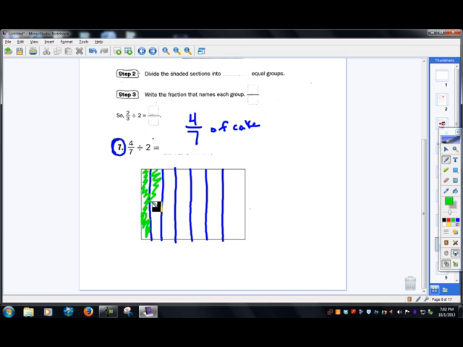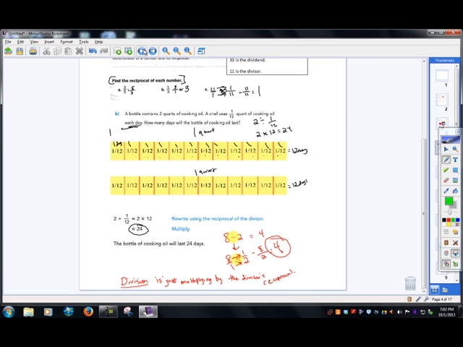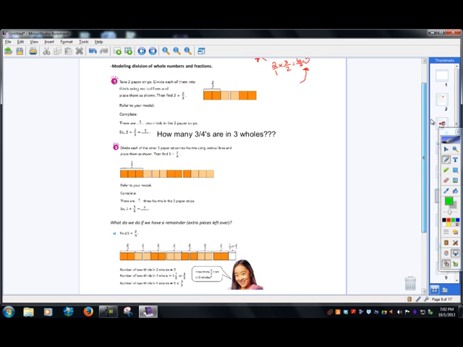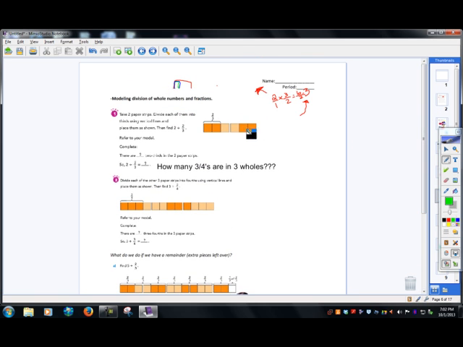So, what's step 1? Model the dividend. Okay. Now, if you think back here, as I flip back, you don't have to do this, but you can see our work's still here from when I did the first video, and what we did every time, like this problem right here, was 2 divided by 2/3.